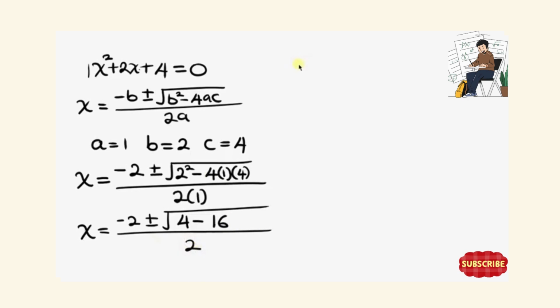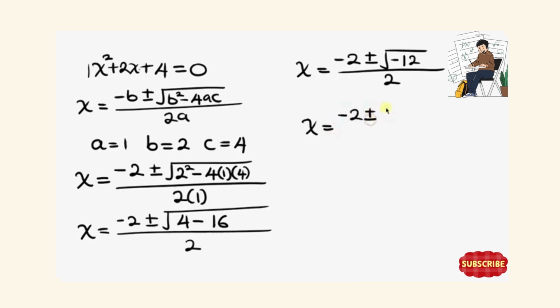So this simplifies into x equal to negative 2 plus or minus the square root of 4 minus 16 is negative 12, all over 2. Now, let's simplify this negative 12. So we have x equal to negative 2 plus or minus the square root of, I'll be splitting negative 12 into 4 times 3.